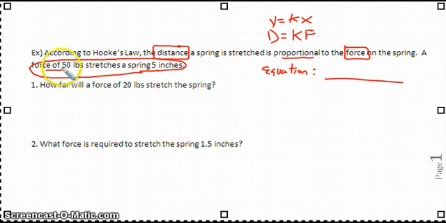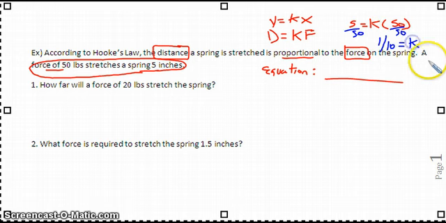A force of 50, so in this equation here, k times 50 should equal the spring being stretched to 5 inches. The distance is 5. So if we divide by 50, we end up getting 1/10 as our constant. So my equation would be d equals 1/10 f.